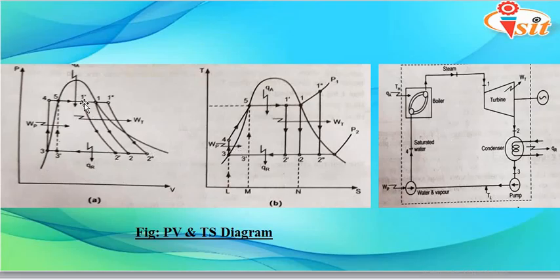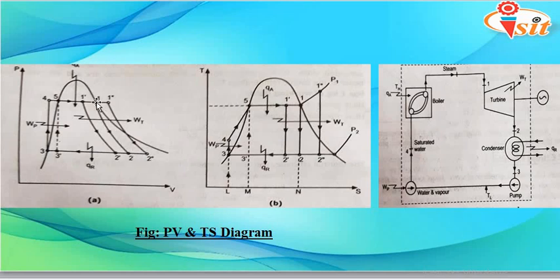So here comes this process 1 to 2. We will discuss why these three lines are given in this PV diagram, but first we will understand all four processes, and then we will see what 1 dash and 1 double dash, as well as 2 dash and 2 double dash, indicate.